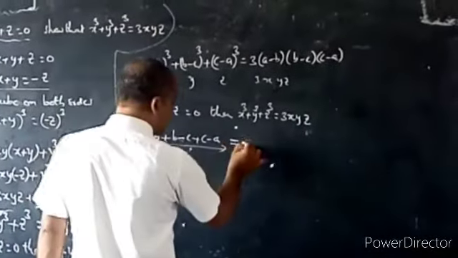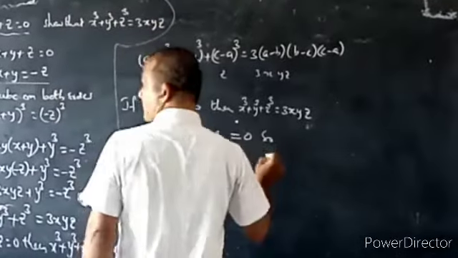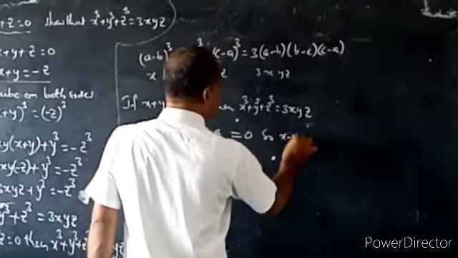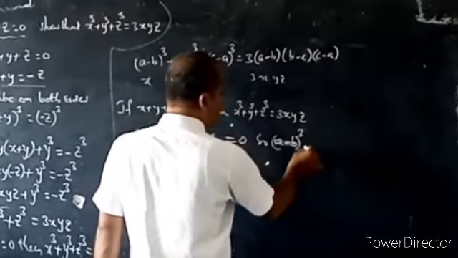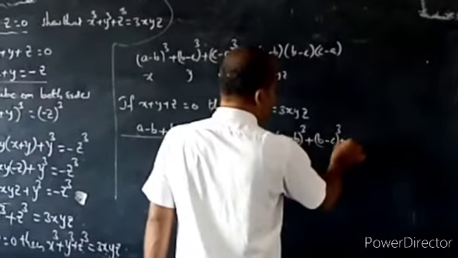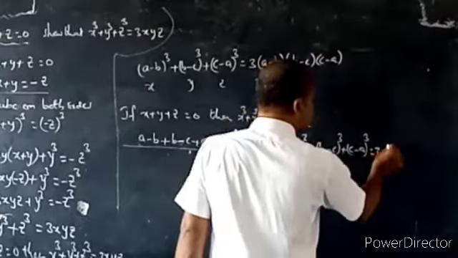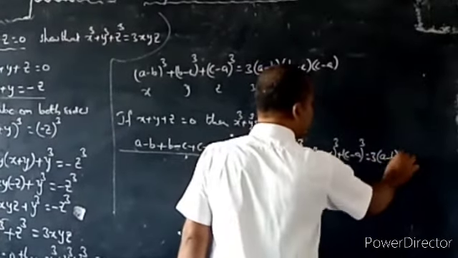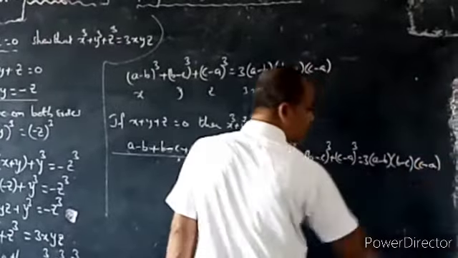So the total value becomes 0. Therefore (a minus b) whole cube plus (b minus c) whole cube plus (c minus a) whole cube is equal to 3 of (a minus b) into (b minus c) into (c minus a). Is it clear or not?